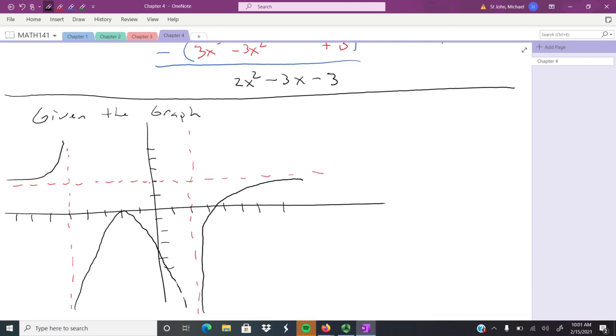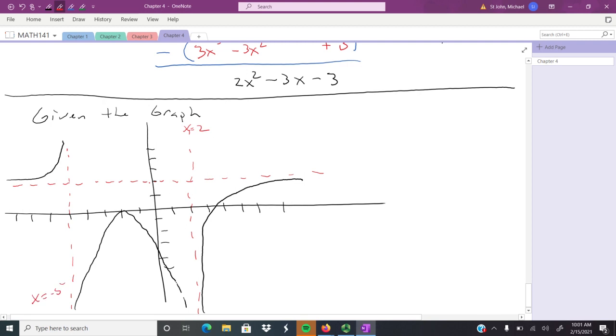Well, let's see. In terms of crossing and my asymptote lines. So we have an asymptote line here at x equals 2. And another one here at x equals minus 5.